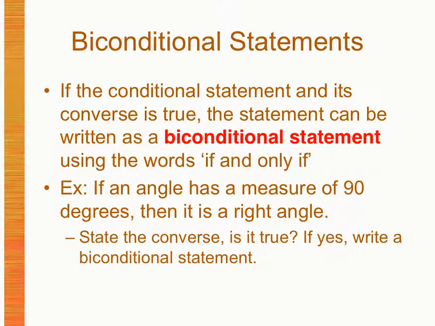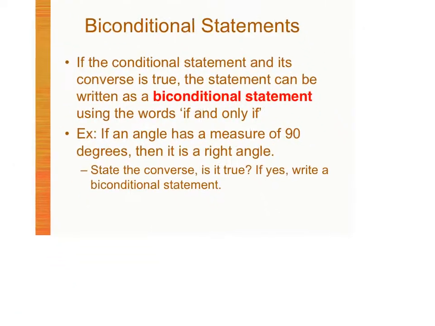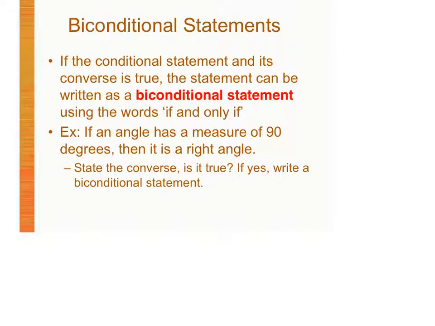Generally, you could come up with a biconditional for a rule or a definition. So for example here, if an angle has a measure of 90 degrees, then it's a right angle. Okay, can someone tell me the converse of that? Isabella. A right angle has a measure of 90 degrees.